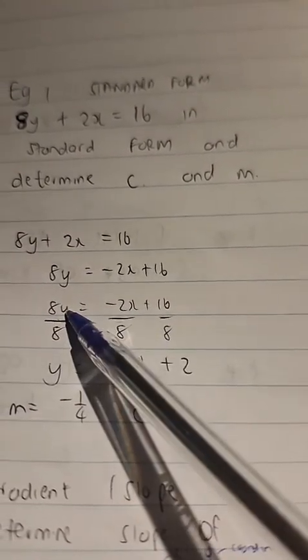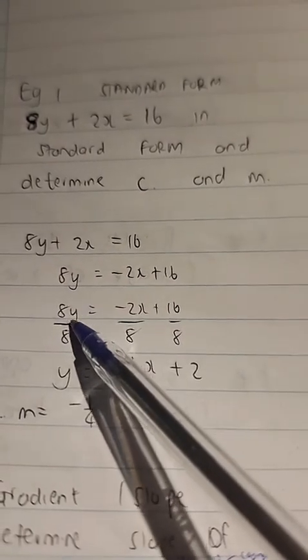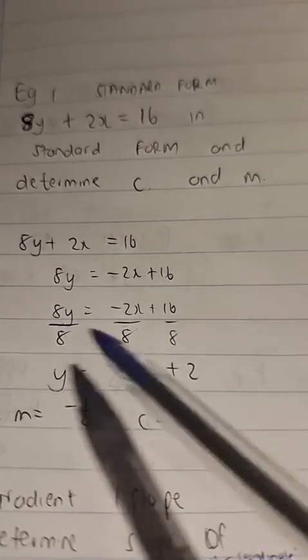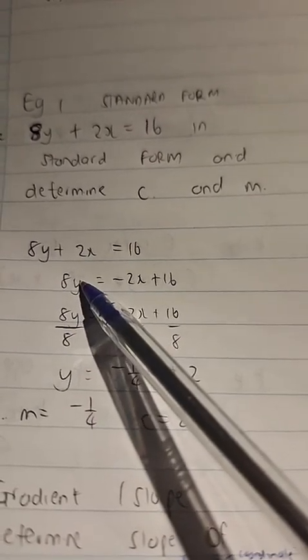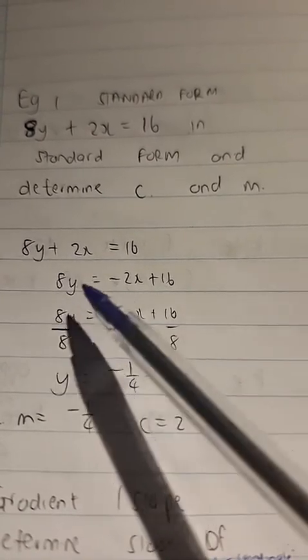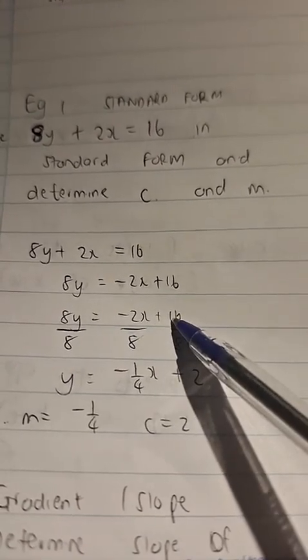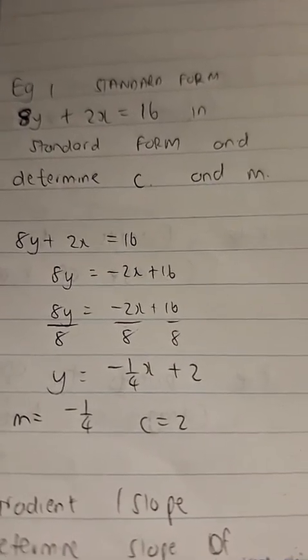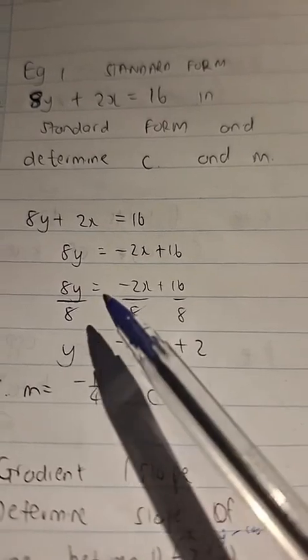All right. Why are we doing that? It's because we want to isolate the y value. So we divide each term by 8, which is the coefficient of y. Whatever the coefficient of y is, that's what we divide each term by. You should know this obviously from equations, when you did equations in term 2.